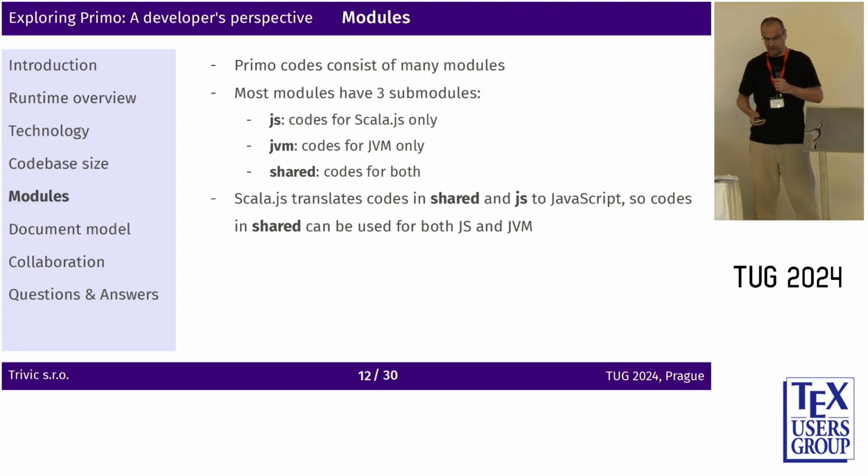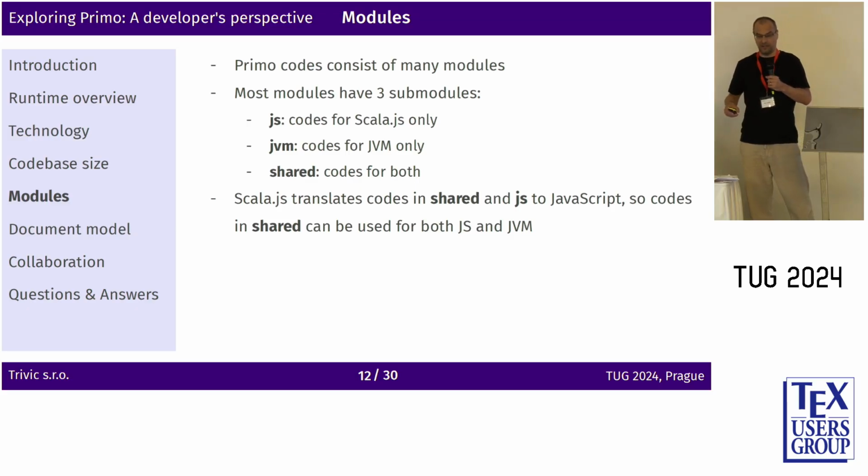So Primo, I thought actually that Tan would be speaking about this. Primo has many modules, and the advantage of Scala is that not only can it compile to JVM, it also compiles to JavaScript.